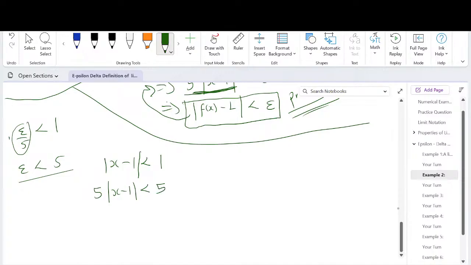So from here, you see that 5 is greater than epsilon. So it will not work here. That is the implication. So that means this is greater than epsilon. So that is how to do it.